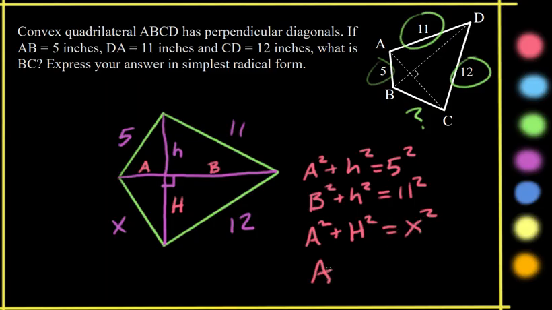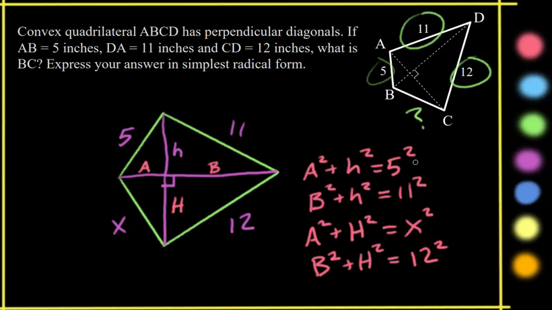And then B squared plus big H squared equals 12 squared.